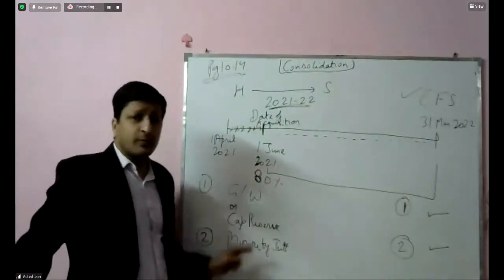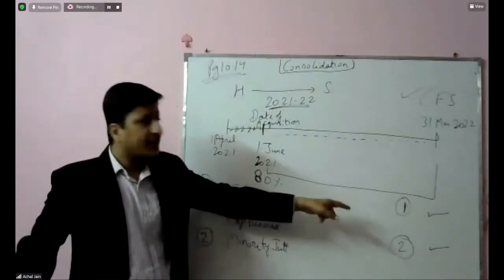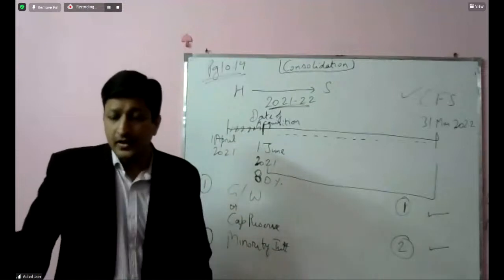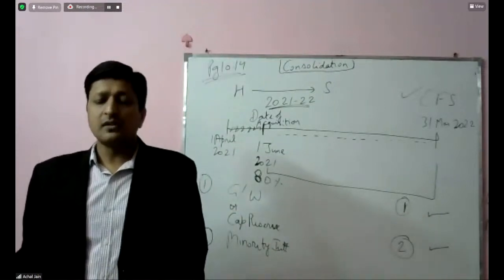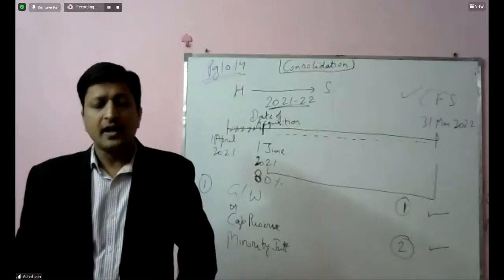Both of them will have to be remeasured at the end of the year. Means goodwill, you'll remeasure at the end of the year. Minority, you'll remeasure at the end of the year. How do you remeasure? I'll come to it. But this is something you'll always have to remember, that you'll have to remeasure it at the end of the year.